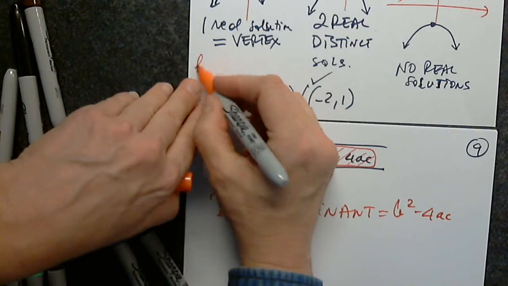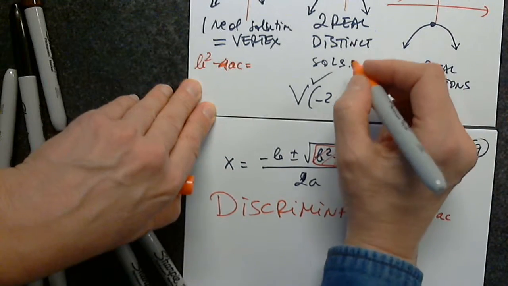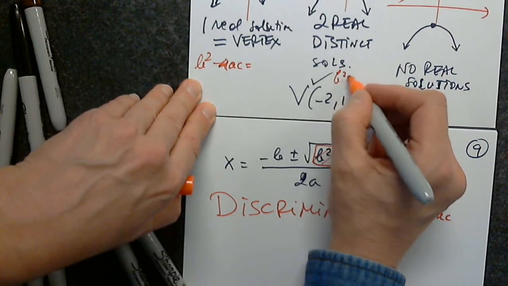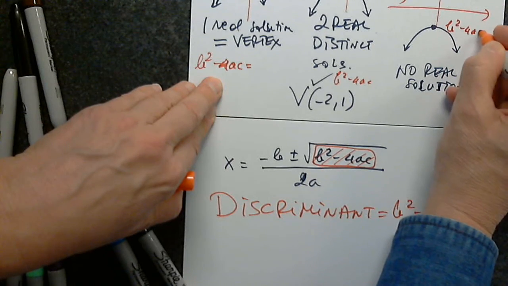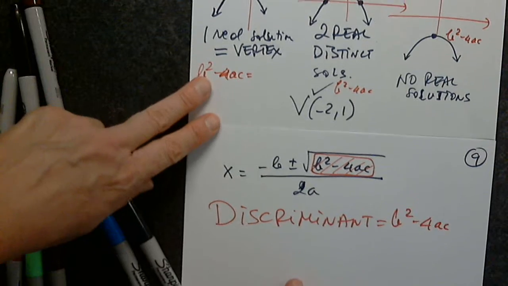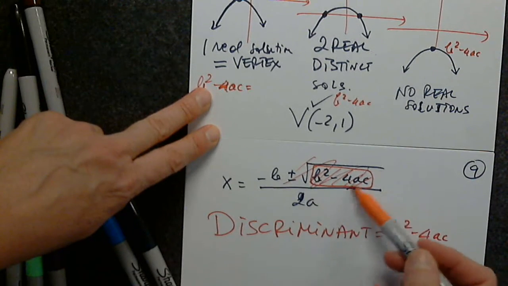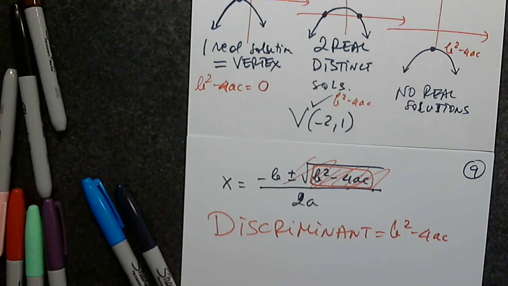How much should b squared minus 4ac be here? If there is only one solution, obviously this must be 0. There is no plus or minus.